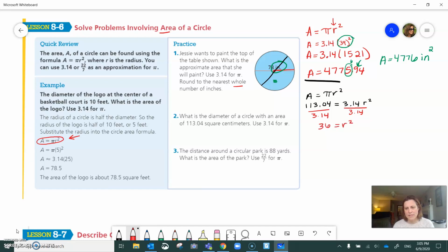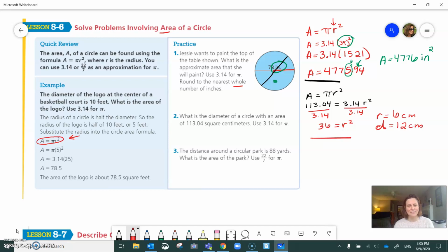So what number times itself is 36? The answer is 6. And these are centimeters again, but they weren't asking us for the radius, they were asking us for the diameter. So if halfway across the circle is 6, all the way across the circle is 12.